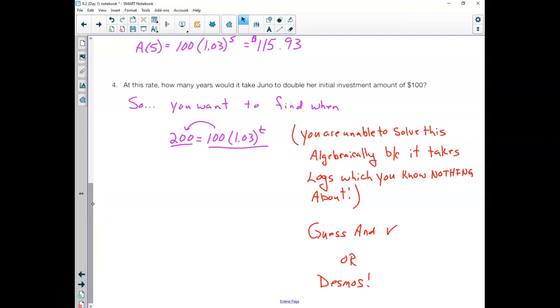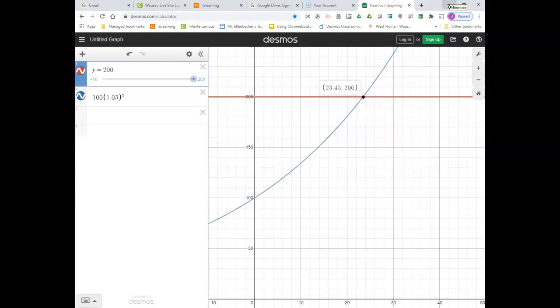I typed it into Desmos here, and what you're going to do is type y equals 200, because if you don't put a y on it, it's going to probably graph a vertical line, or it's going to graph nothing, I don't know. And the other one is basically y equals the interest account, and you find the intersection of those two, and you can see it's going to be at 23.45 years when he is going to have $200 in his account.